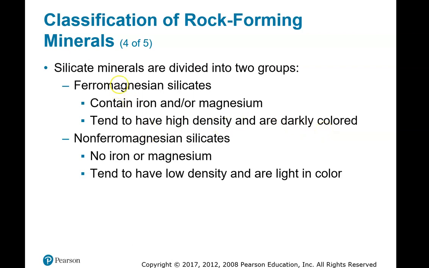And then the other class. Remember, you're talking about 90% of the minerals you find in the earth are silicates, and so you get the ferromagnesian, and then the non-ferromagnesian, right? So there's no iron or magnesium in either of them. These tend to have lower densities.